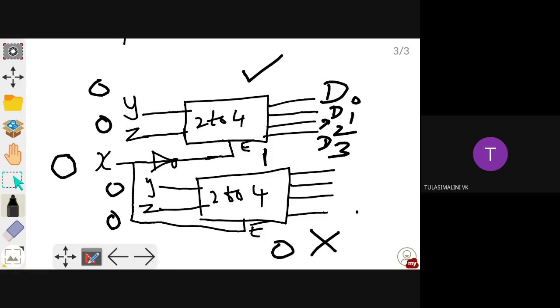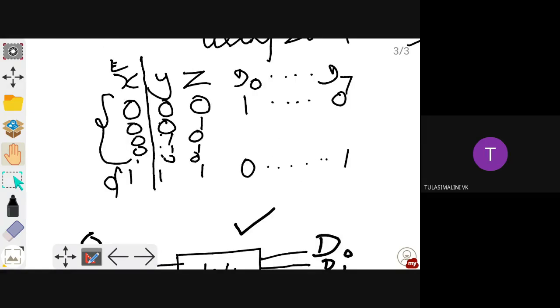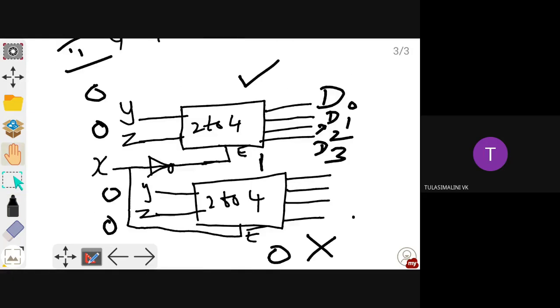Suppose if you give 1 here, that is the next 4 combinations. So in the truth table, first 4க்கு first decoder function ஆயிருக்கு, அடுத்த 4க்கு second decoder function ஆகுது. So அப்ப if you give X equal to 1 here, this decoder inverts and 0 is going, so this decoder will be off and this decoder will be working.